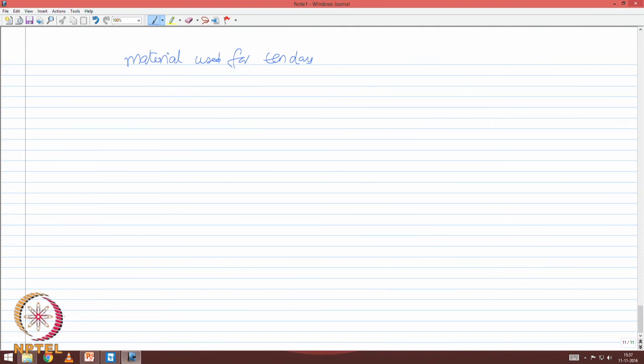To answer this, let us ask the first question: what would be the concept of design of TLP? The conceptual design of TLP is buoyancy should exceed weight many times.